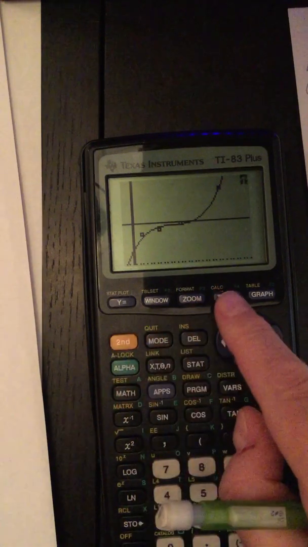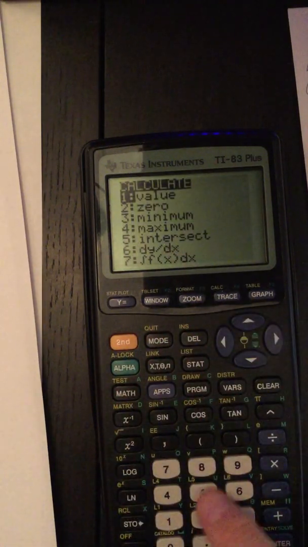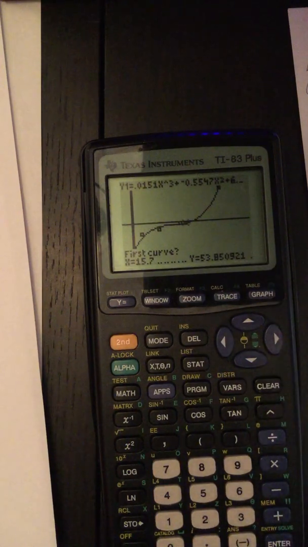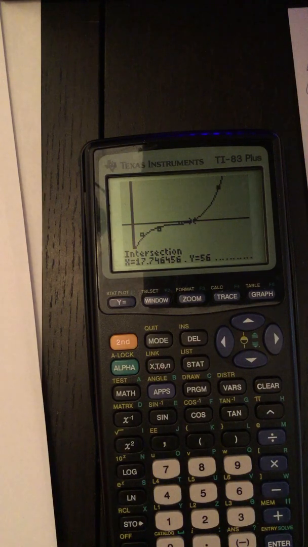So then we go second function trace, and we're choosing intersect because we want to know where these two lines intersect. So the first curve, and then the second curve, and then we're going to guess where the intersection is. And it is at 17.76. Y is equal to 56.